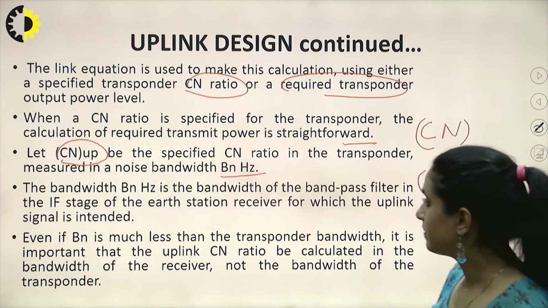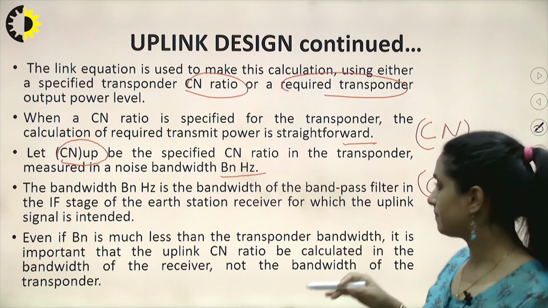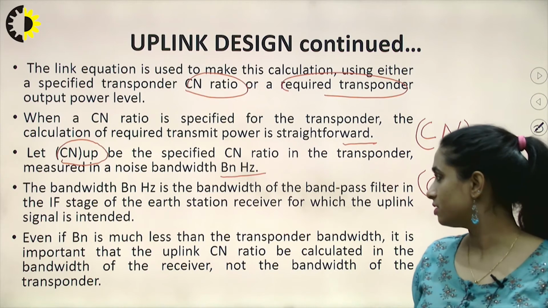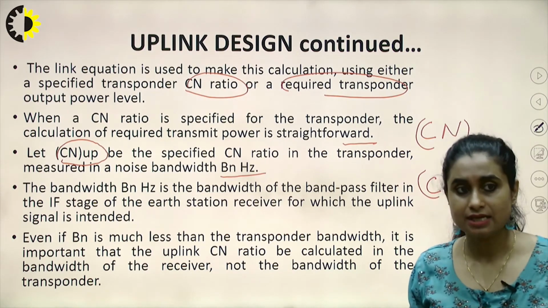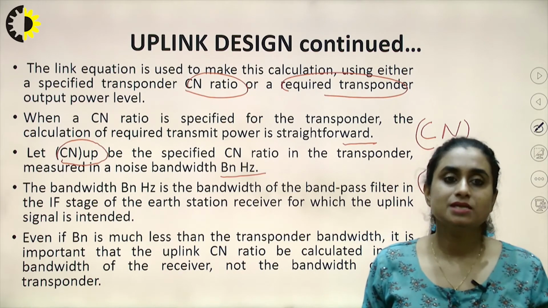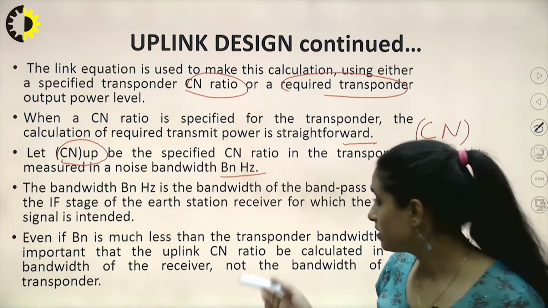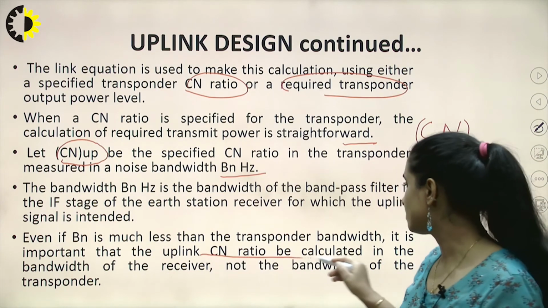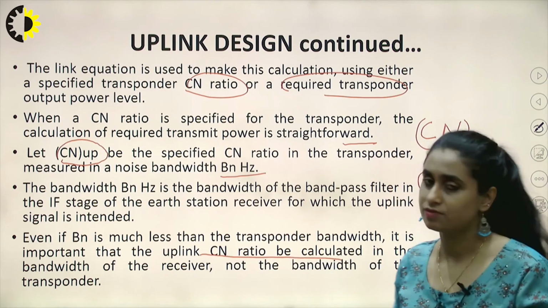The bandwidth Bn Hertz is the bandwidth of the bandpass filter in the IF stage of the earth station receiver for which the uplink signal is intended, right? Even if Bn is much less than the transponder bandwidth, it is important that the uplink C/N ratio must be calculated in the bandwidth of the receiver.